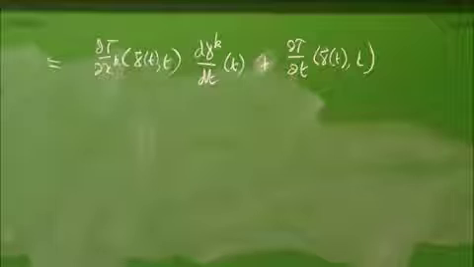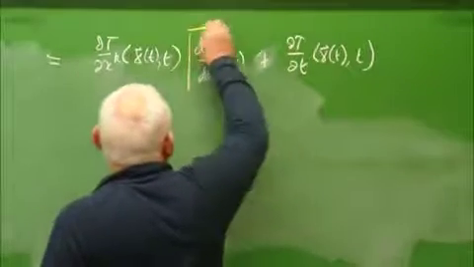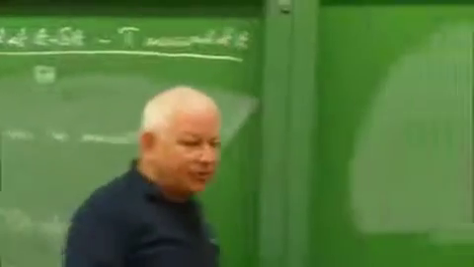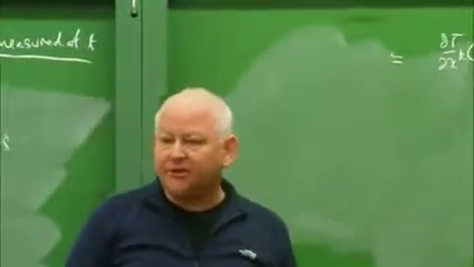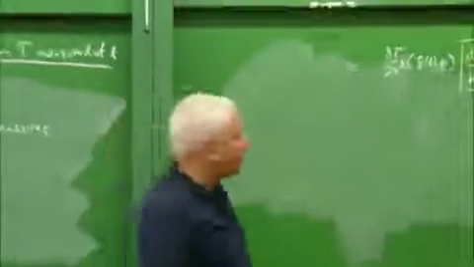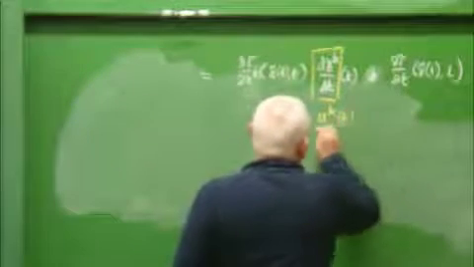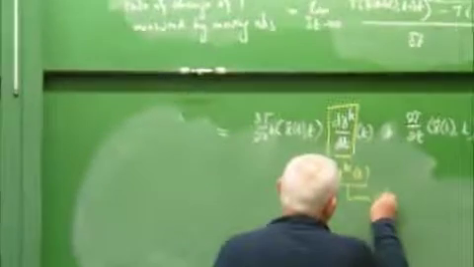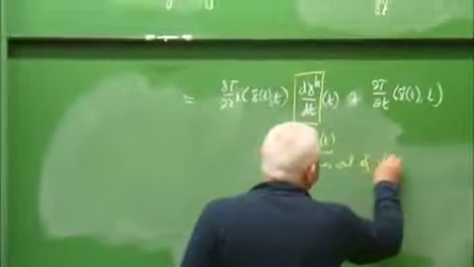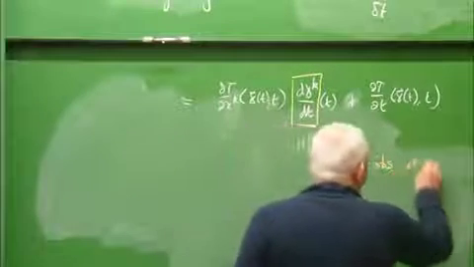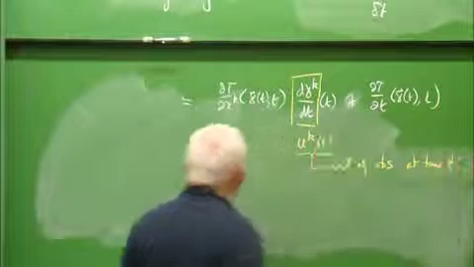We'll recognize that d gamma by dt is the velocity of the observer as he moves through the temperature field. I won't call it v because you might think that I'm talking about fluid velocity, so I'll call it u. And this is the velocity of the observer at time t.